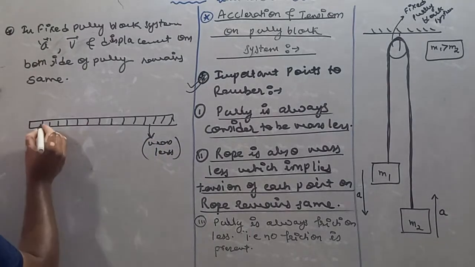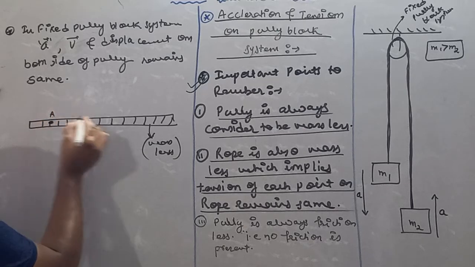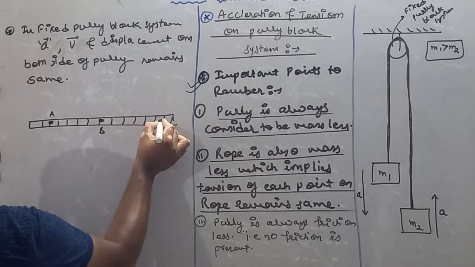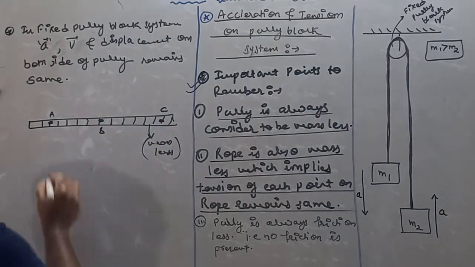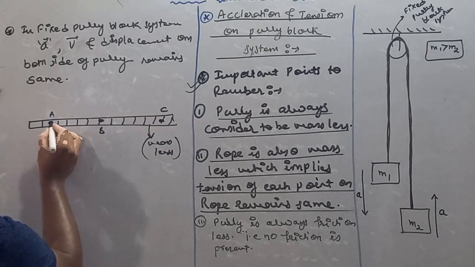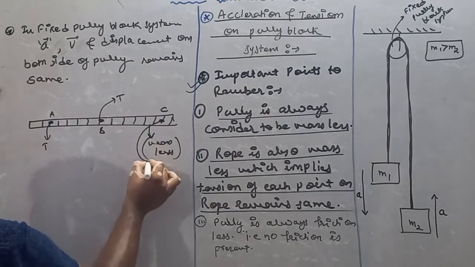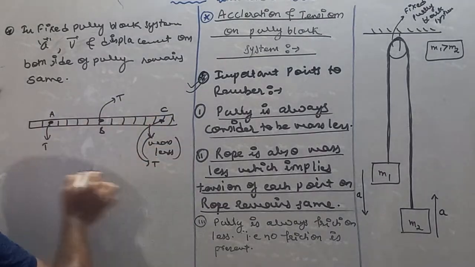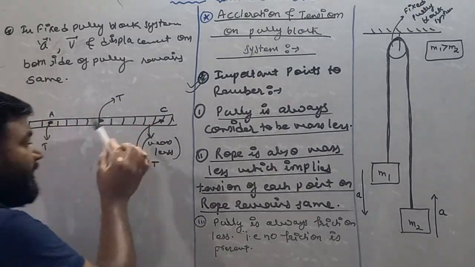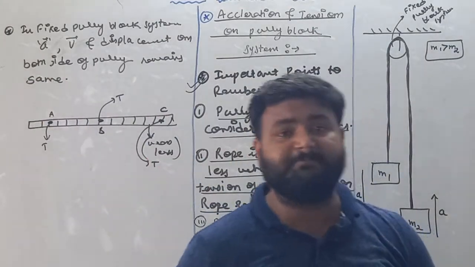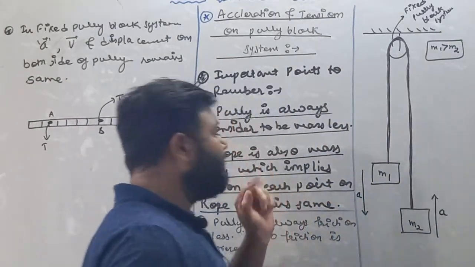Then remember one thing, I'll mark a point A, a point B and a point C on this rope. If the rope is massless, then the tension at point A, at point B and at point C remains the same. That means each point on the rope carries the same tension if the rope, my dear student, is massless.